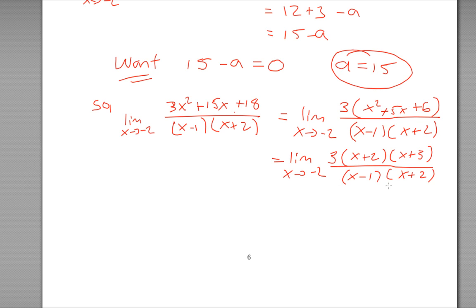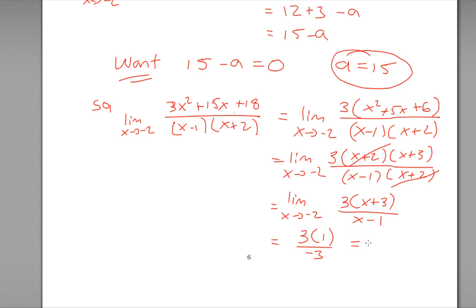So now these x plus 2's cancel, which makes our job much easier. So now this is the limit as x goes to negative 2 of 3 times x plus 3 divided by x minus 1. And when we plug that in, we get 3 times 1 divided by negative 3. And so this ends up being negative 1.